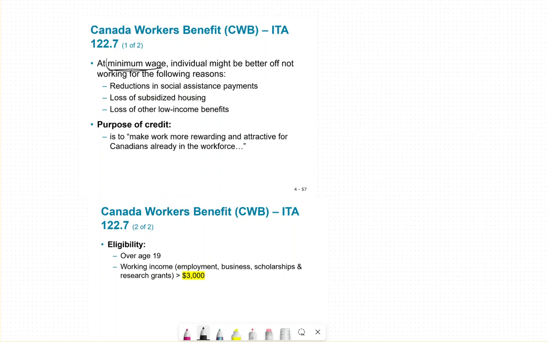If you're working at minimum wage, sometimes you cannot make so much money, and if you don't want to work, there will be a reduction in your social assistance payment. The other reason you get a benefit is the loss of subsidized housing and loss of other benefits. So these are the reasons that you get the Canada Workers Benefit.